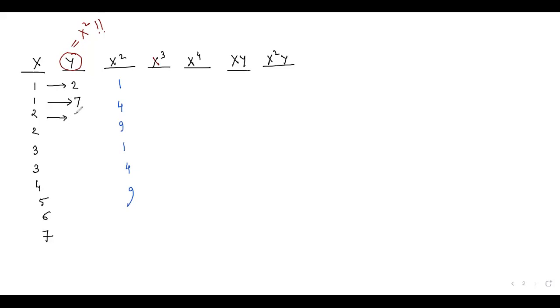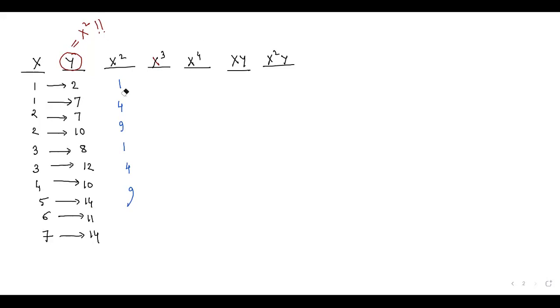Corresponding to that, I'm getting 7. Corresponding to that, I'm getting 10. Then this is 8. This is 12. This is 10. This is 14. This is 11, and this is 14. Okay, so I think it would be much better if I work with this data.